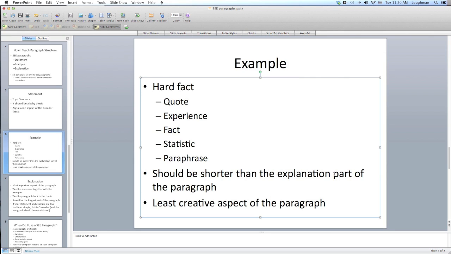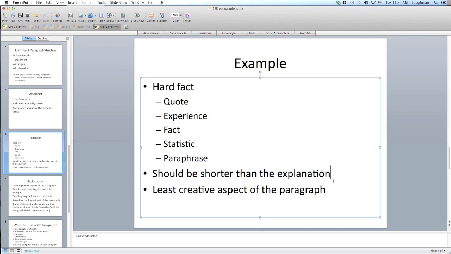This is not your opinion. The example is not your opinion. It's hard fact. But this example, the fact, the quote, is going to help prove the topic sentence. But it doesn't prove it on its own, but it's going to help to prove it. All right. And in a sense, it's the least creative aspect of the paragraph, again, because it's not your opinion.